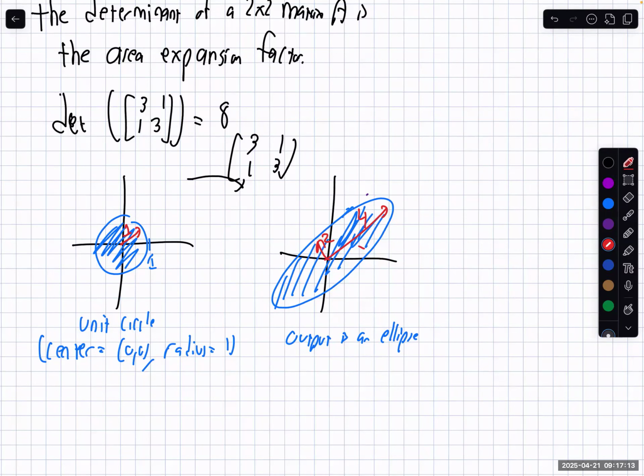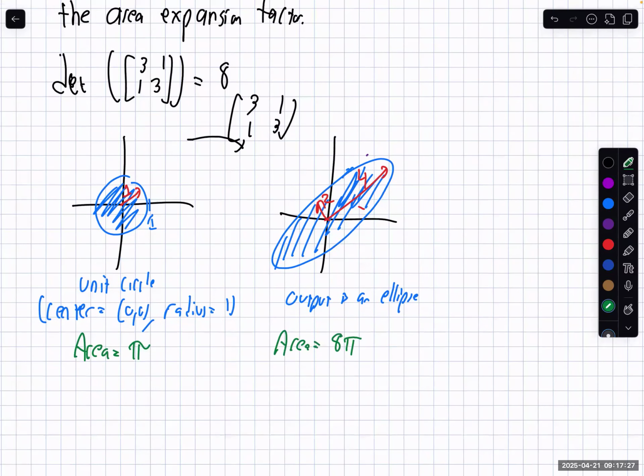The lengths of these two axes for the ellipse are 4 and 2. The area of the circle is pi. Area of a circle in general is pi r squared. r is 1 for the unit circle. So this area is pi.